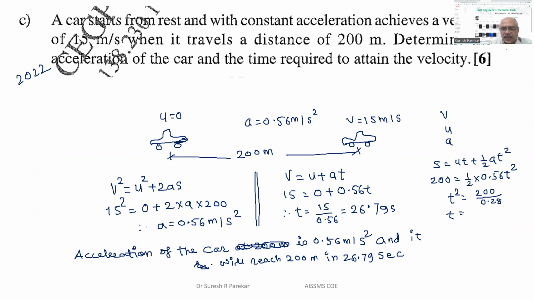And from this we will get t, I will just check it, the root of this, we have 26.73. So we get a little difference, 26.73 or 74 likewise. So the answer can have a plus or minus 0.03 difference, that is okay.